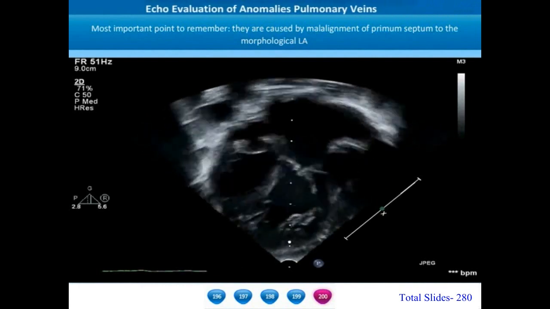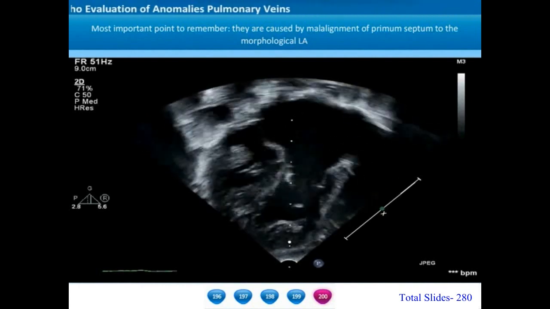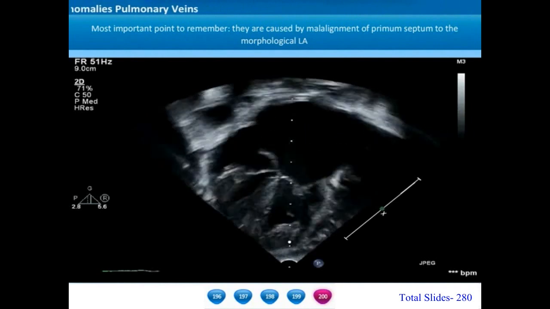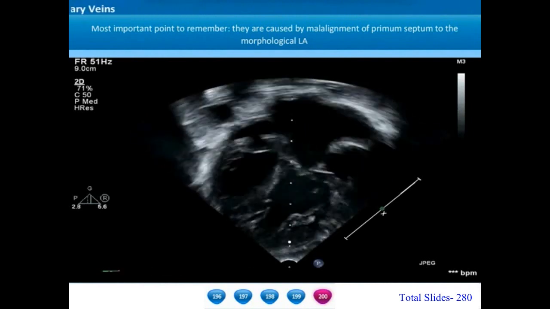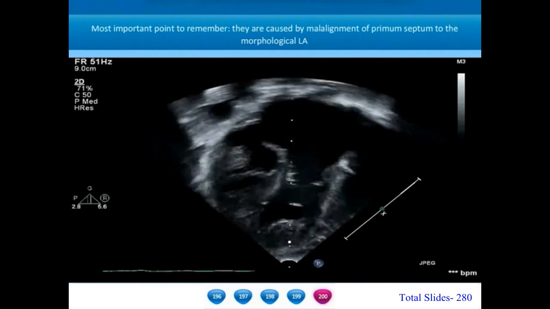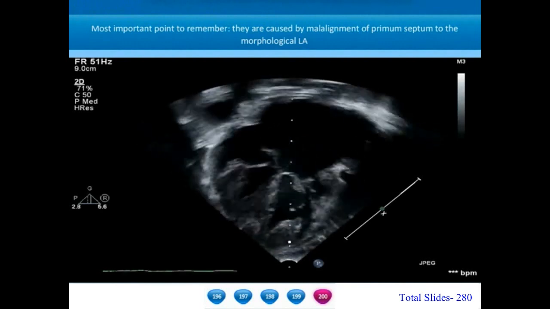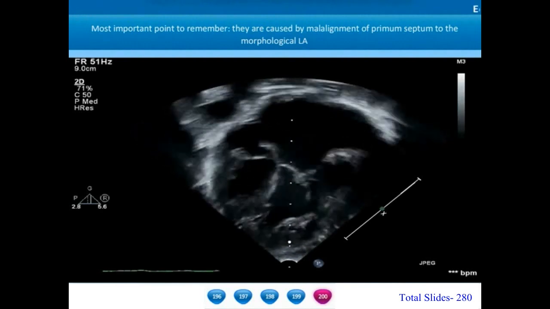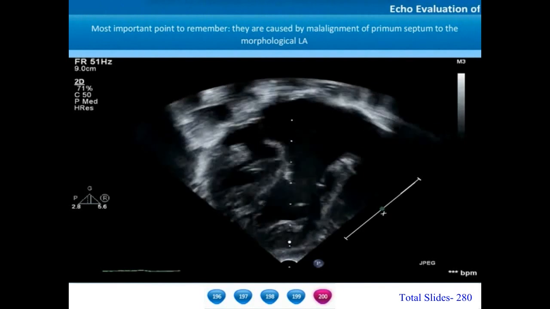The most important point to remember about the right atrial TAPVCs is that it is caused by a malalignment of the septum towards the morphological left atrium. In this apical four-chamber view, it is nicely demonstrated.